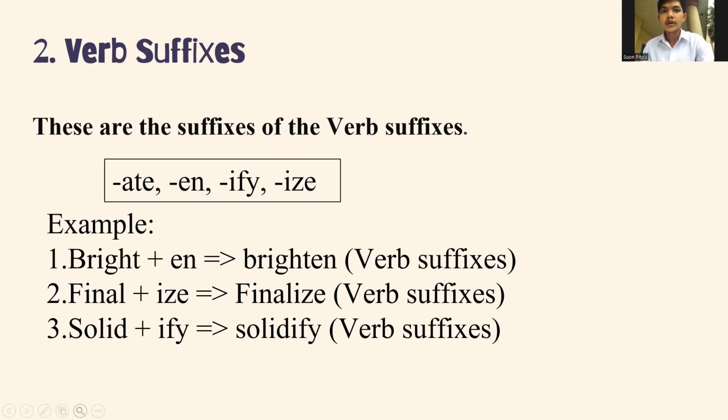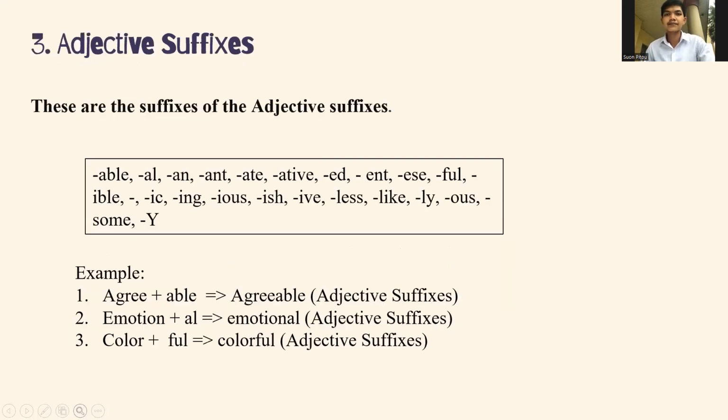For example, we use bright plus en, we get brighten, and brighten is a verb suffix. Final plus ize, we get finalize, and finalize is a verb suffix. And the last example, solid plus ify, and we get solidify. Now let's move to the next slide.